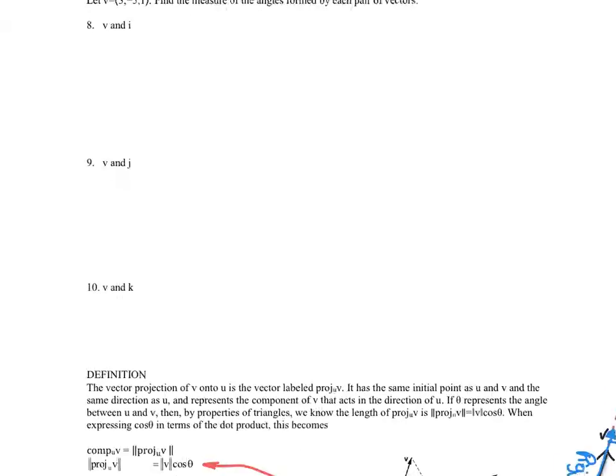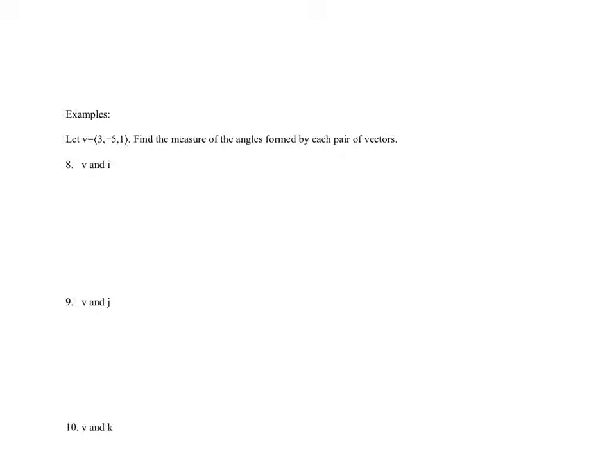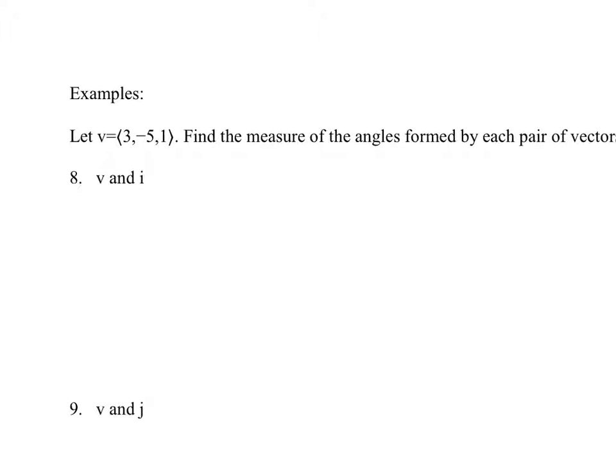Yeah, so the cough is back in full force. So page 27. We're looking for the measure of the angles formed by each pair of vectors. So we have V and I. As long as you know what I is, you could find the angle that's formed by the two vectors. So the first thing that you would do is start with the dot product between the two vectors.